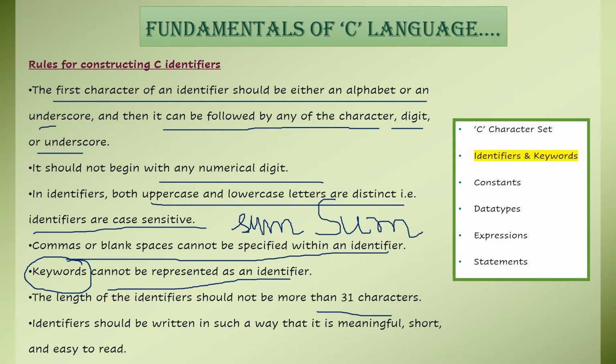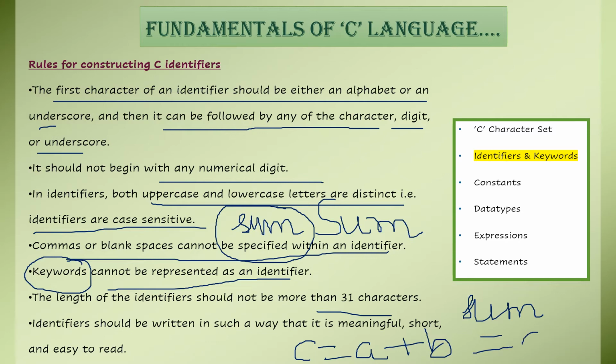Like if you are taking two numbers A and B and you are going to calculate the sum, it's better to use sum as a variable to store the addition of those two numbers rather than taking variable C. If you write C is equal to A plus B, and if we use sum is equal to A plus B, then I think this is more meaningful as compared to C is equal to A plus B, because just looking at this variable we come to know that it's taking the addition of two numbers or more numbers.